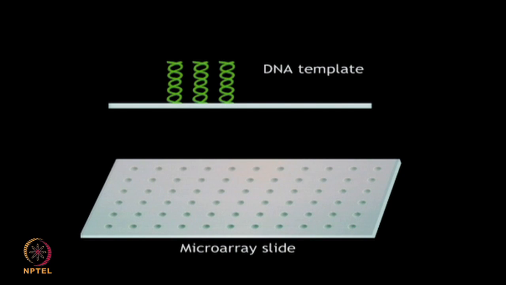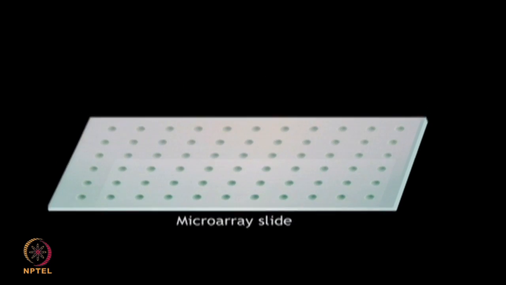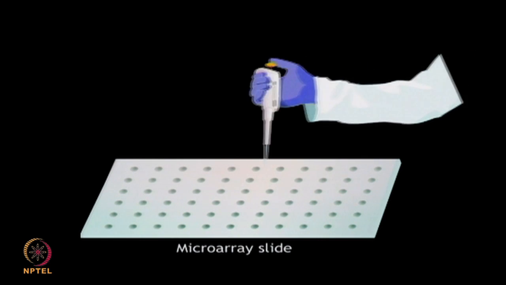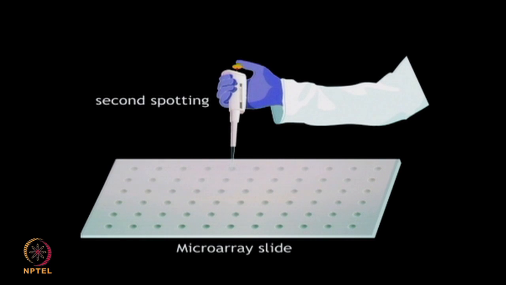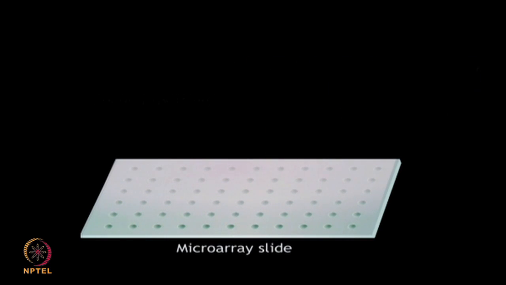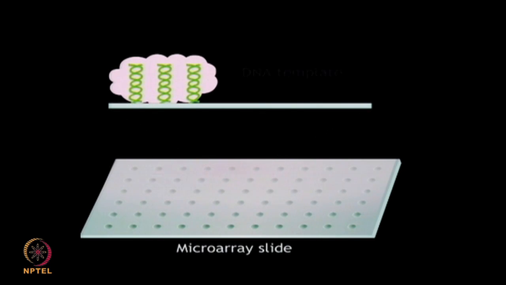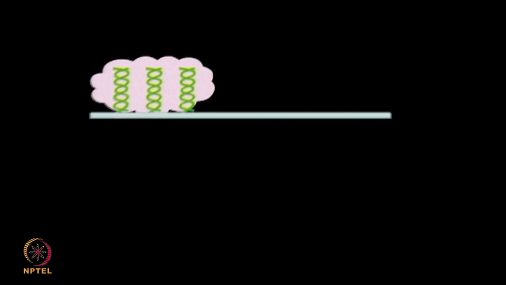The template DNA can even be in the form of unpurified PCR product, which is one of the major advantages of using this MIST technique. The second spotting step involves addition of cell-free lysate directly on top of the first spot.